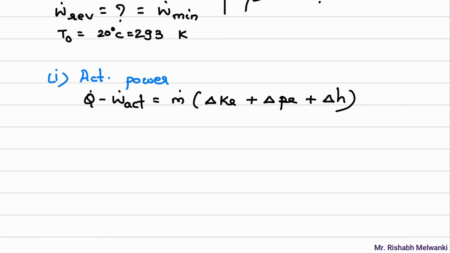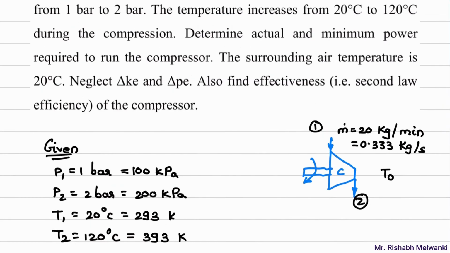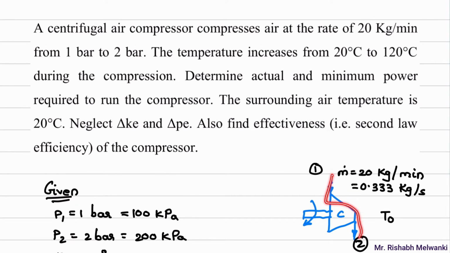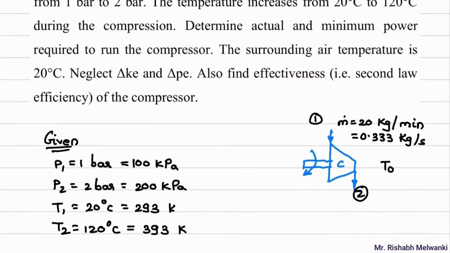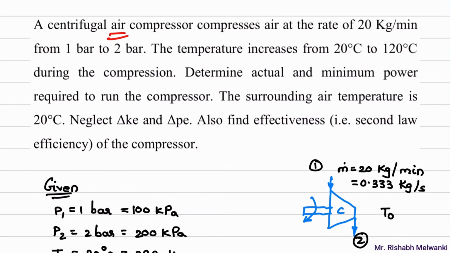Now what is the fluid over here? The fluid flowing inside the compressor is air. This point is very important. The fluid is air, so we can assume the Cp, Cv values of air. Now in this question, the Q value has not been mentioned anywhere.